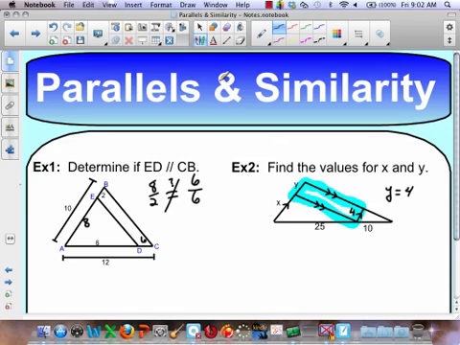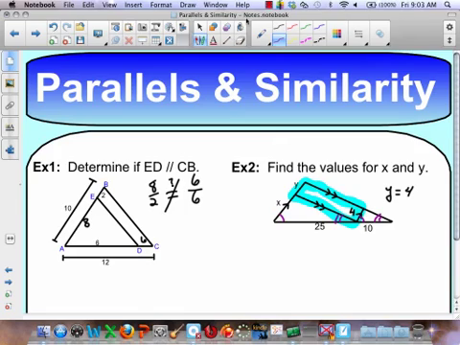If we go back a little bit further, because the line with y and x is parallel to the 4, what can you tell me about the angle down here and the angle between the 4 and the 10? They're going to be congruent. Also, since the 2 slanted lines are parallel, what about the angle between these 2 lines and between these 2? They're corresponding as well. So those 2 triangles are similar because of angle.